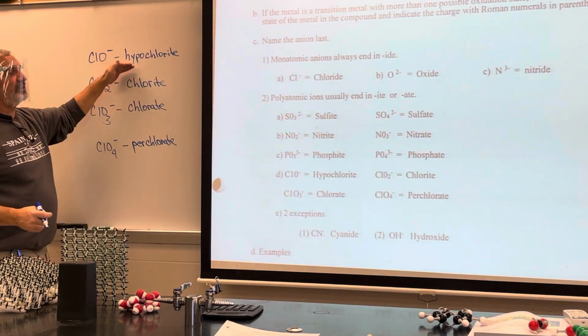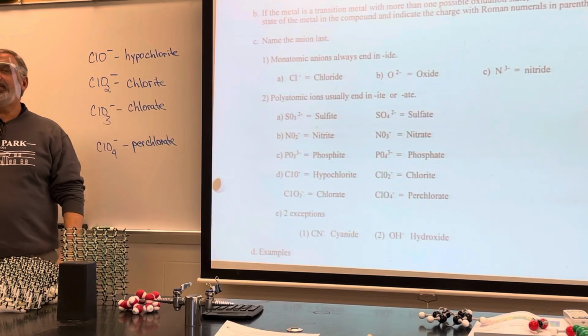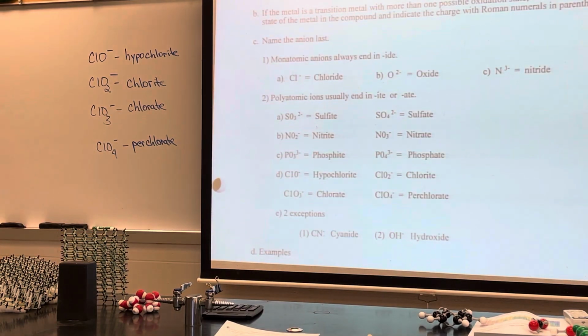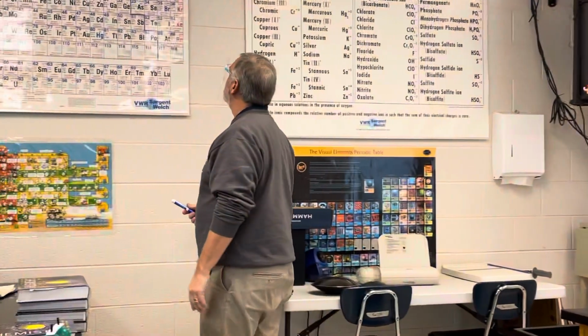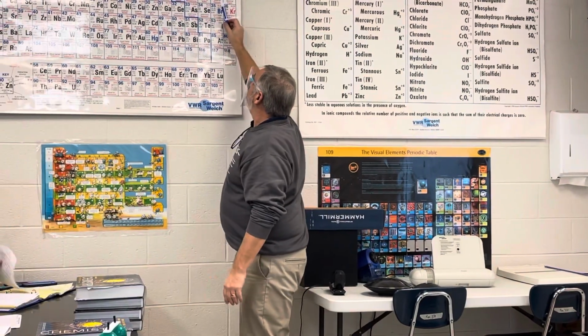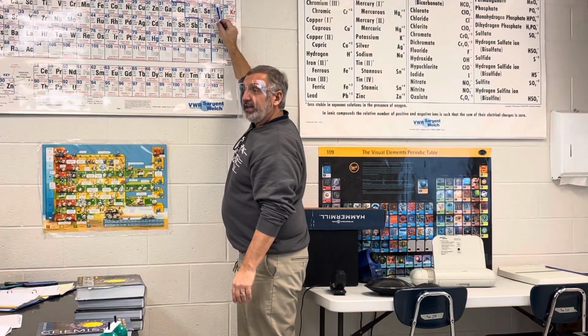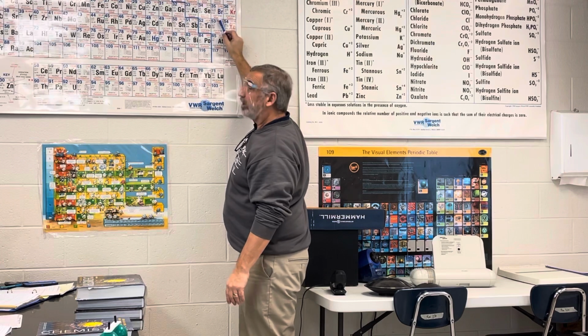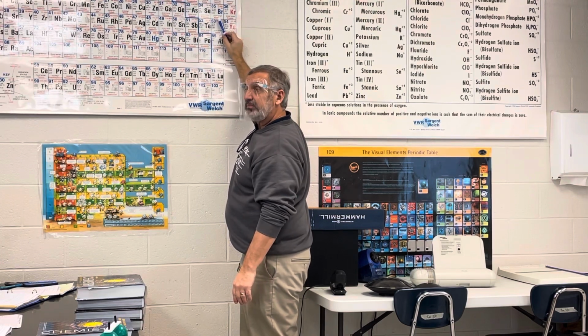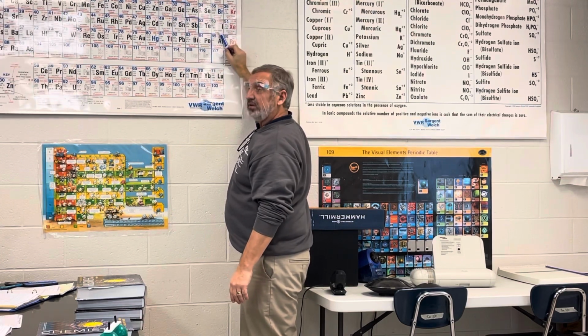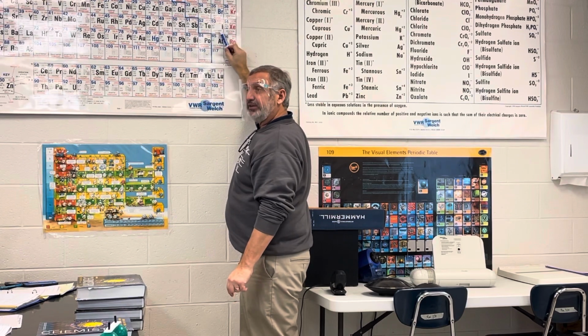But now listen, look. What do we know about elements in the same family? Same property. So if ClO3 is chlorate with a -1, what's BrO3 going to be? Bromate. What is IO3 going to be?